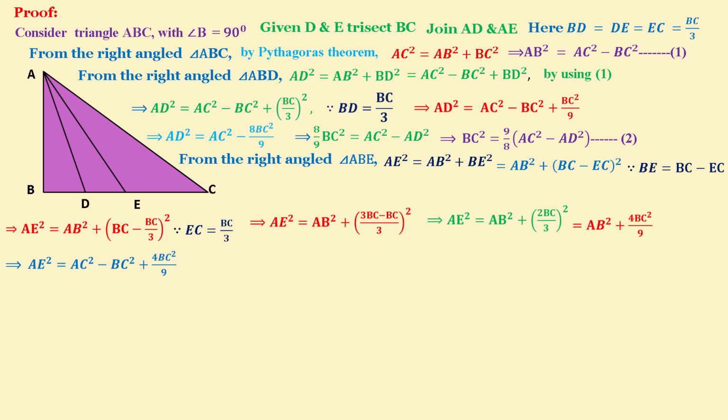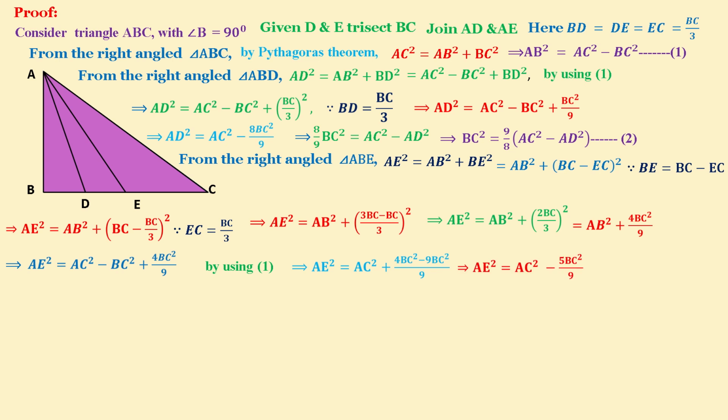From equation number 1, AB square is AC square minus BC square. So AE square is AC square minus BC square plus 4 BC square by 9. Grouping, LCM is 9: minus 9 BC square plus 4 BC square by 9.